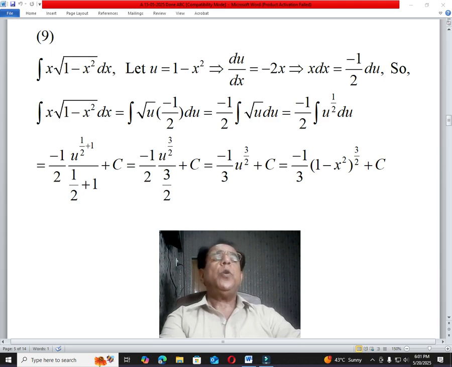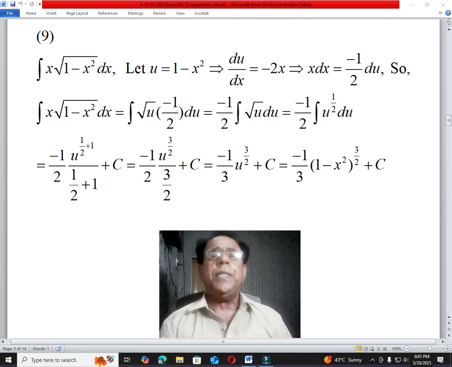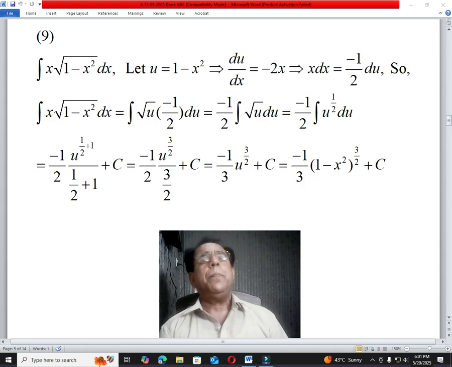So in place of x dx we will use minus 1/2 du, and in place of the square root of 1 minus x squared we will use the square root of u.